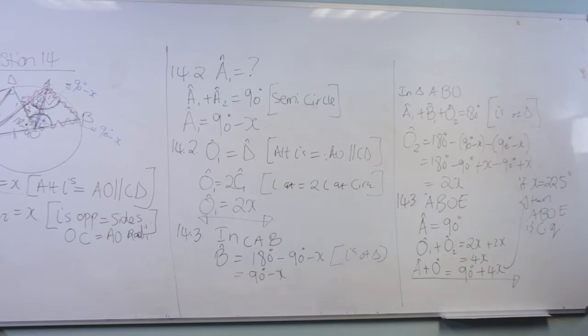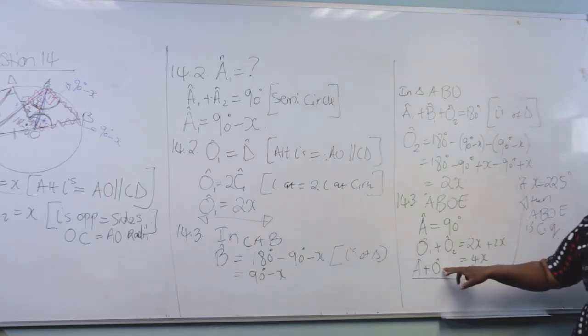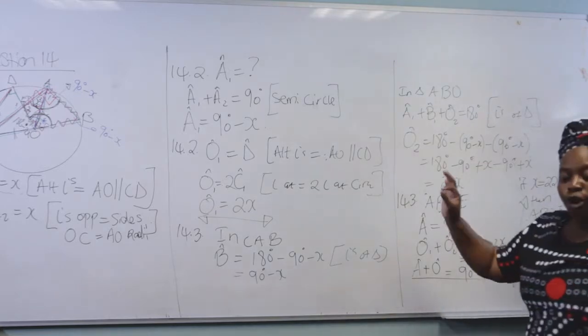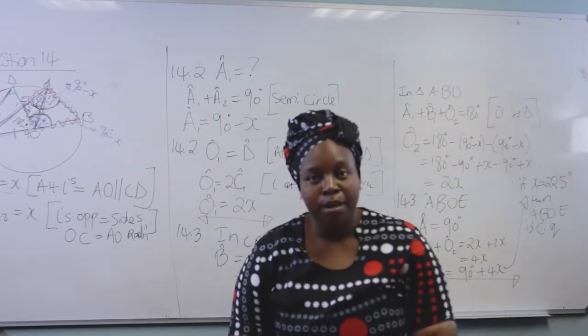So they wanted you to solve for x, or to find any value of x that when you put it here, it will make these two pieces of information valid to give you 180. So it means if I add them, I must get 180. That is why you have to come up with the value of x, because they said for which value of x will A, B, O, E be a cyclic quad.